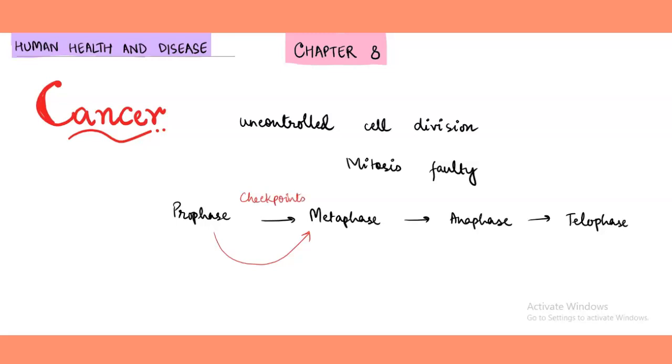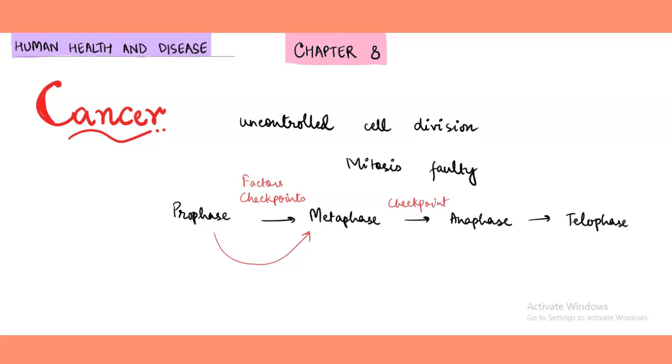These checkpoints are actually factors or proteins that help in initiating the next stage. A checkpoint will be there between prophase and metaphase, and it will check whether prophase has been accomplished right or wrong.